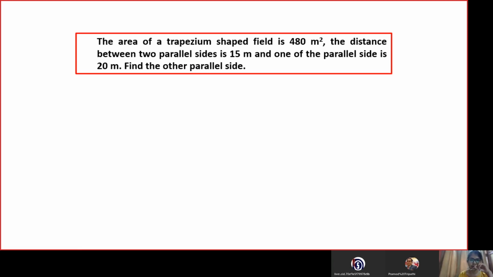The height is given to us as 15 meters and we have been given one parallel side. We need to find out the other parallel side. Can you see the figure on the screen? We have a trapezium. We have been given one parallel side as 20. The height has been given to us as 15. And we have to find out the length of the other parallel side.